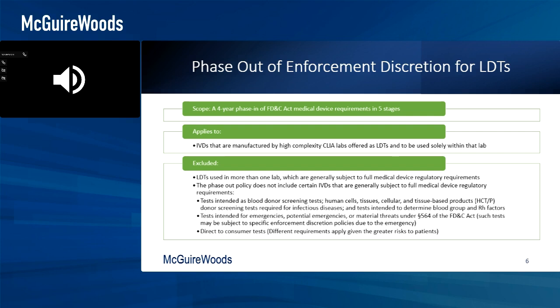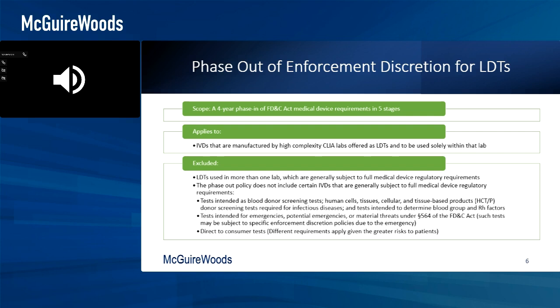And this rule is focused on IVDs that are manufactured by high-complexity CLIA labs, offered as LDTs, that are used solely within the lab. The reason it's so narrow is that the FDA's historical approach has been, if you are marketing a test outside of your lab or it's at multiple locations, you're already an IVD and subject to medical device requirements, and you're already a medical device manufacturer.